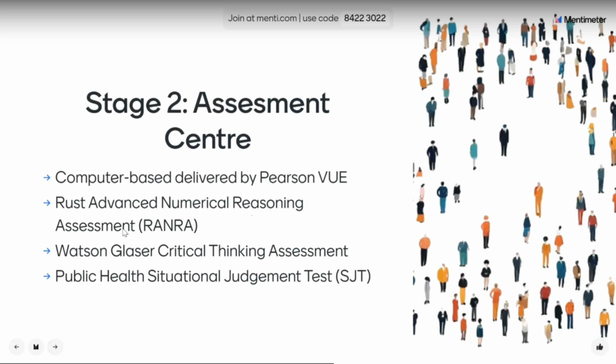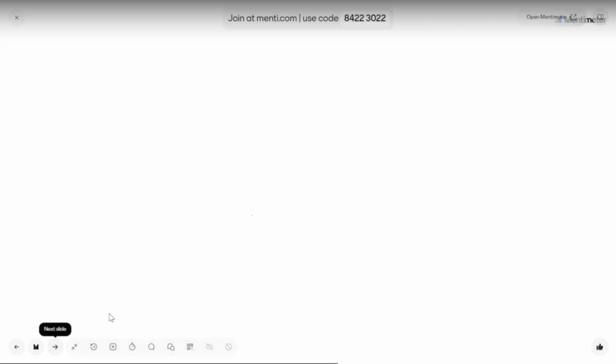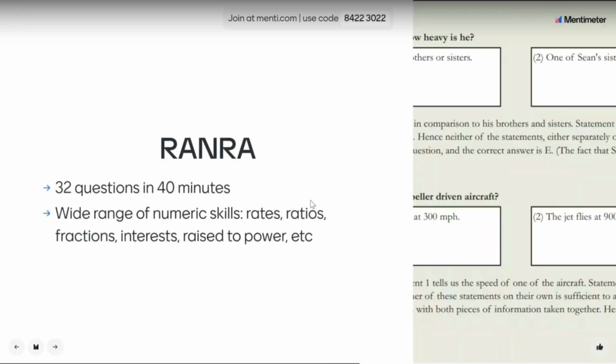And there are 3 parts, like I mentioned earlier. That's the numeric one, which is called RANRA. That's just the name. It's Rust Advanced Numerical Reasoning Assessments. There's a critical reasoning one, and there's the situational judgment. So for the RANRA, the numeric one, you have 32 questions over 40 minutes, and it tests a wide range of your mathematics skills.